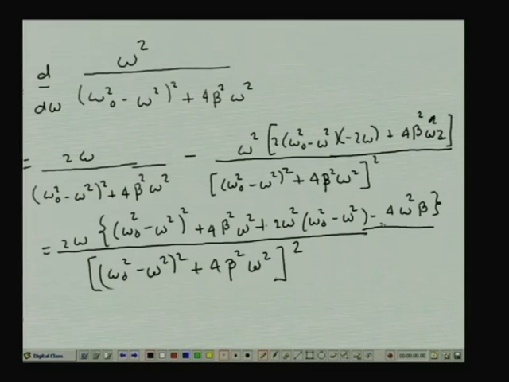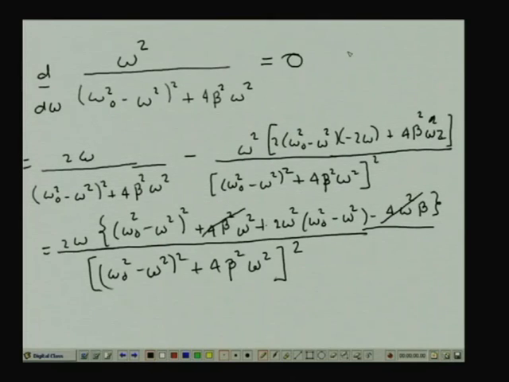Notice that this term cancels out with this term, and I have to find the solution of this equal to 0. So, I need not bother about the denominator. I have to find the solution where this plus this is equal to 0. Now, if I look at this plus this, I can take omega naught square minus omega square common.